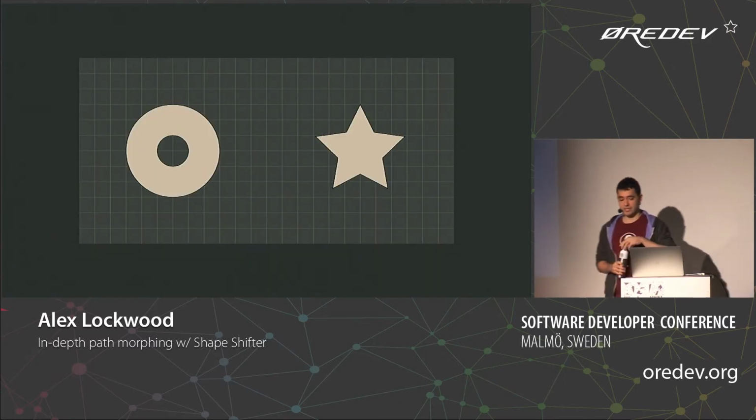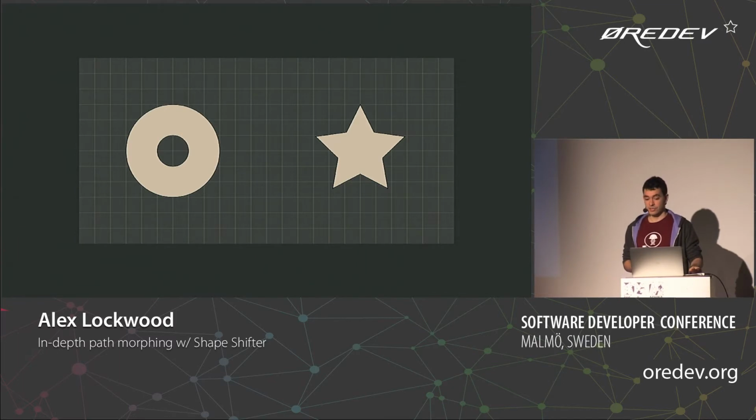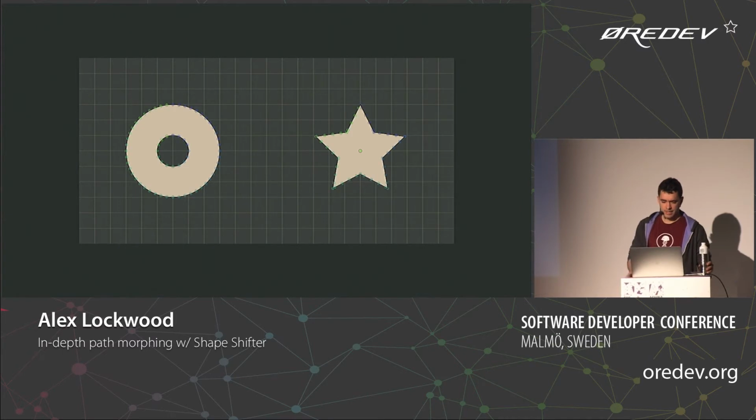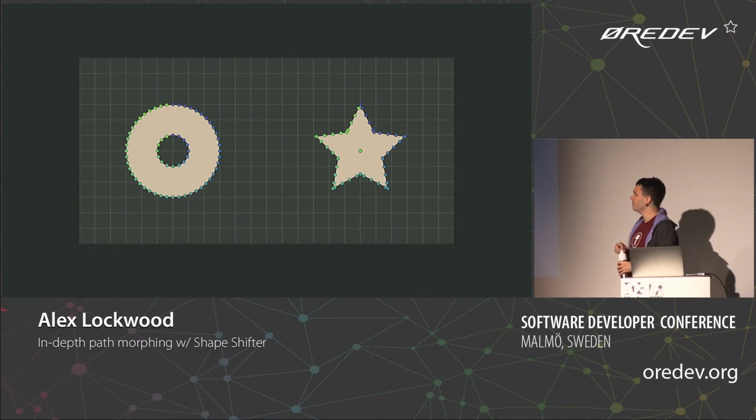So up until now, we've been talking about morphing single shapes. But what about when you're morphing a donut into a star? To do this, you can create what I call a dummy subpath. In this case, there are 2 subpaths on the left. There's only 1 on the right initially.